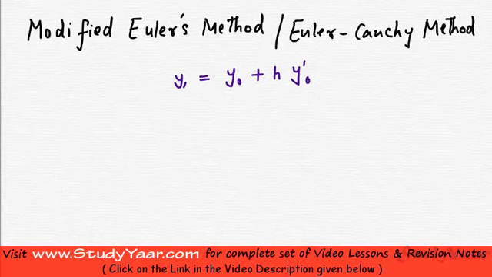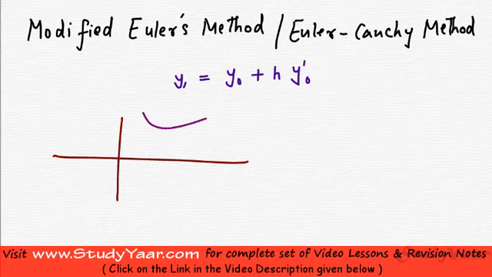So graphically, just see what is happening. If this is my graph of y equal to f of x, and let's say this is my x0, corresponding to that I have a y0 over here, and this is my x1.